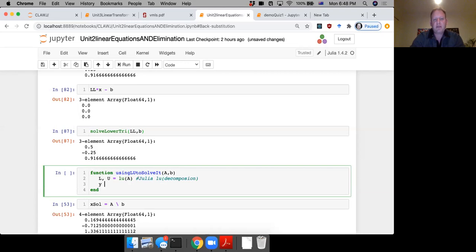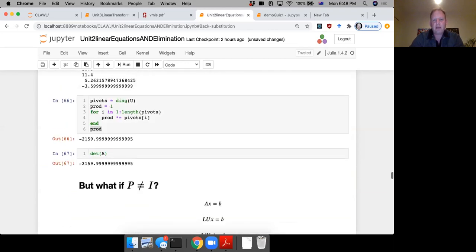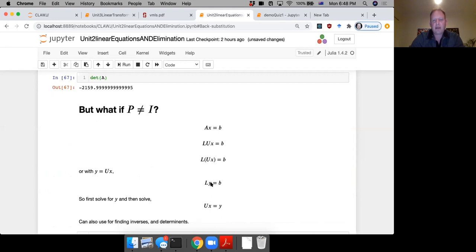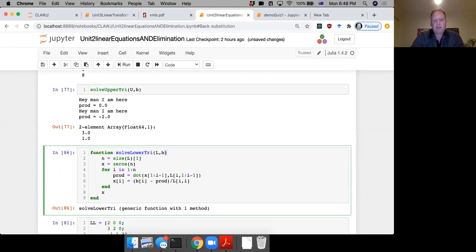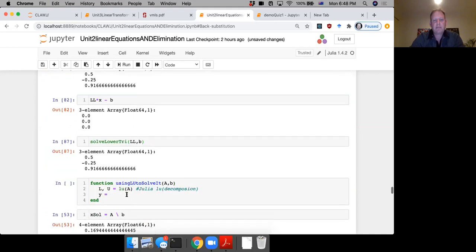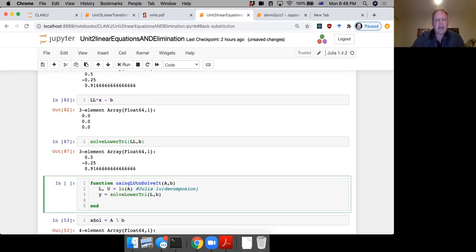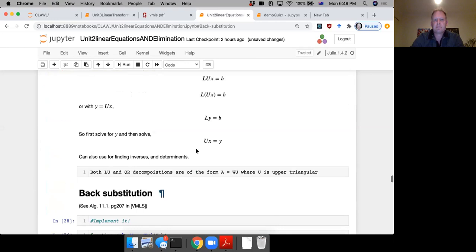The first thing we need to do is solve for Y. So Y is the lower triangular solve of L and B. We'll just copy it just like that. And then X is solve upper tri of U and what? What's the right-hand side? It's not B anymore, it's Y.